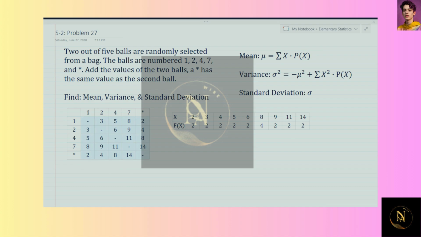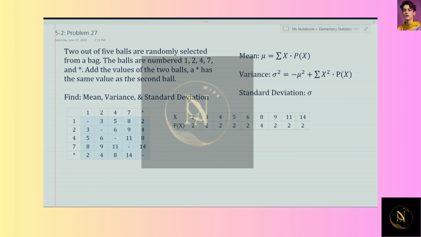However, we cannot pick out a 1 and a 1, which means that in total, since this is a 5 by 5 grid, instead of there being 25 different combinations, there's actually only 20 because we're missing 5 down the diagonal here. I've also broken this table down over here into frequencies.